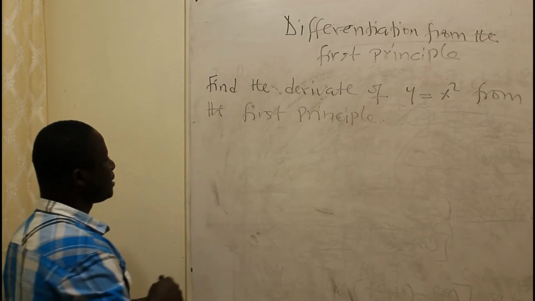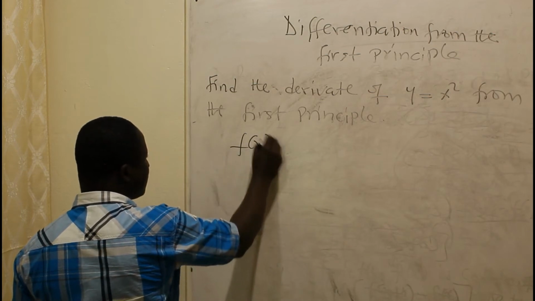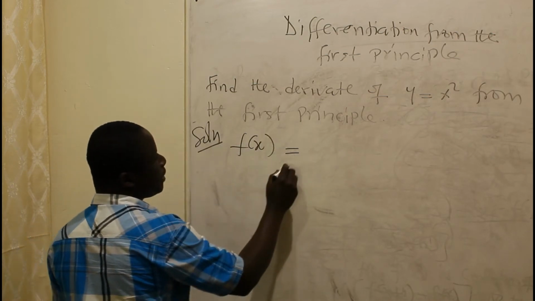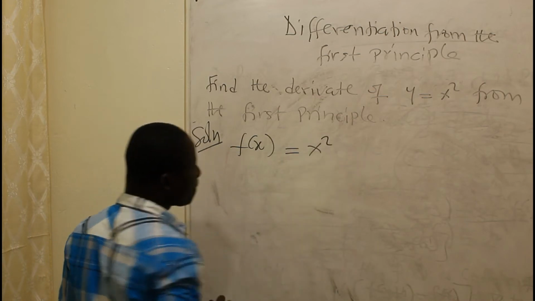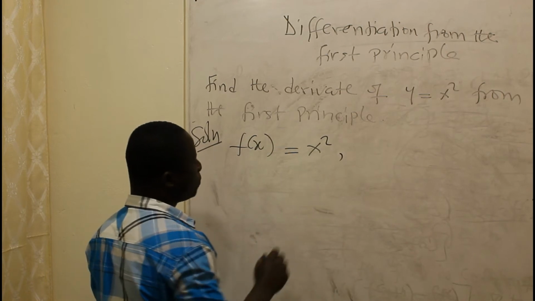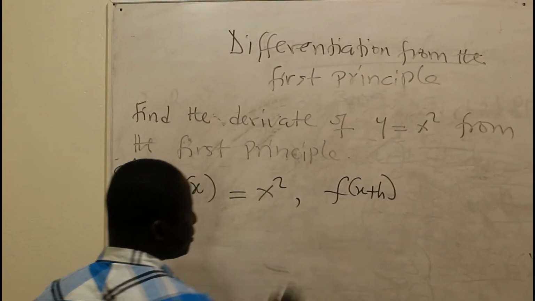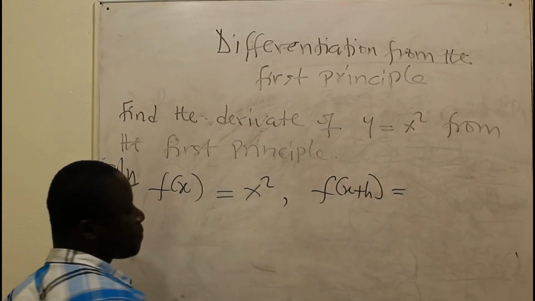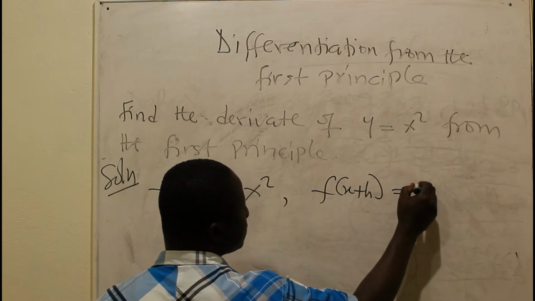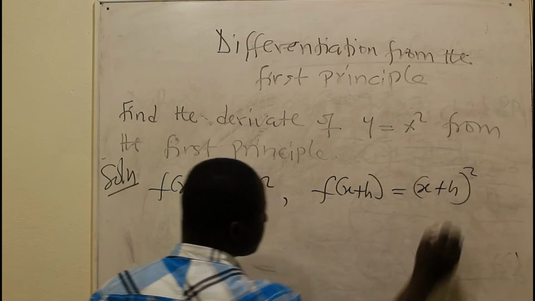So we know that we have f of x, which is the function. Please, this is the solution. f of x is given as x squared. And per the identity we just showed, we will need f of x plus the change. So you put in x plus h into the function and it will give us x plus h all squared.